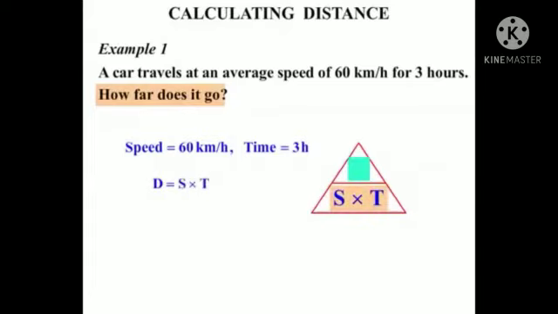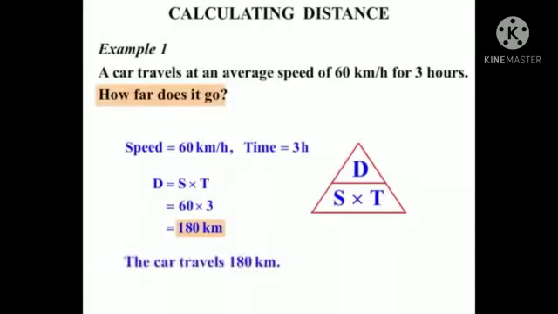So, distance is equal to speed into time. So, put the values in this formula. 60 into 3, which is equal to 180. The car travels 180 kilometers.